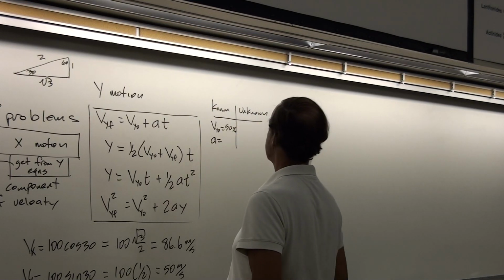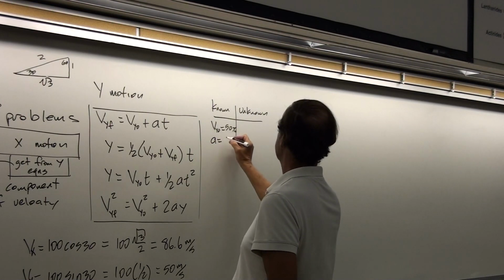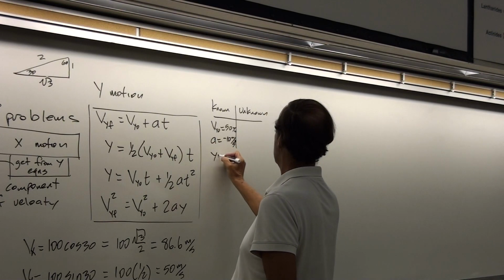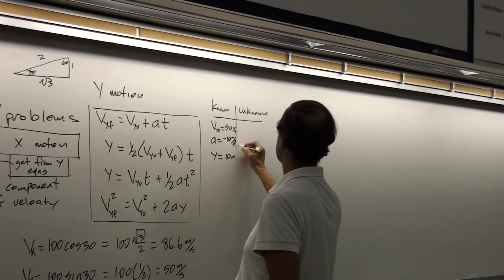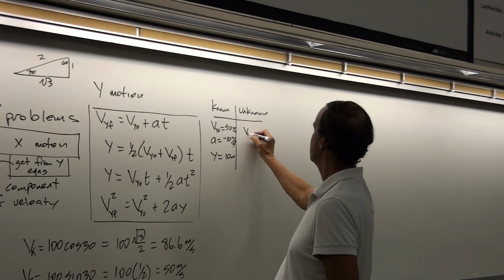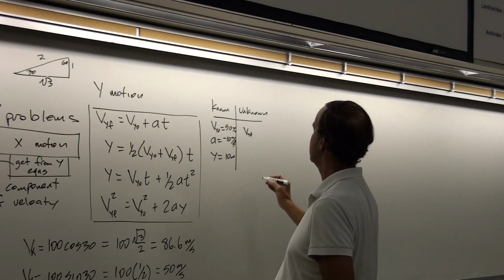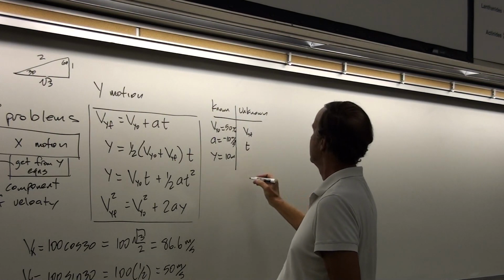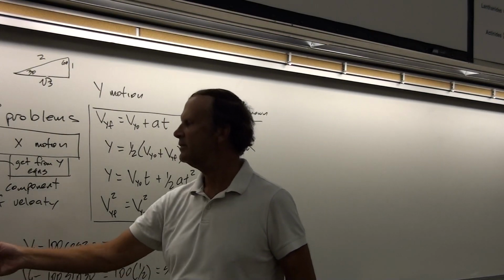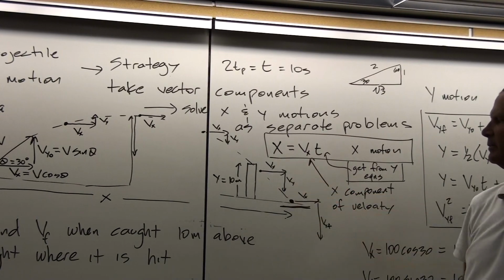Acceleration is equal to minus 10 meters per second squared, and y is equal to 10 meters. Our unknown quantities here are going to be Vy final and the time of flight. Now, nowhere in the problem have we been asked to find the time of flight. That's the time to that point.